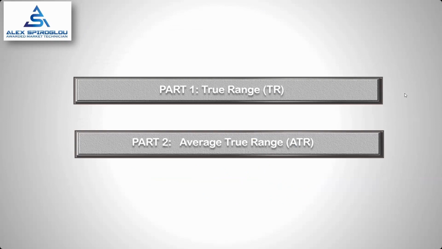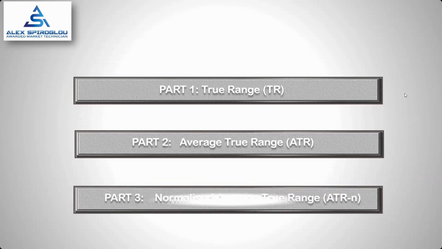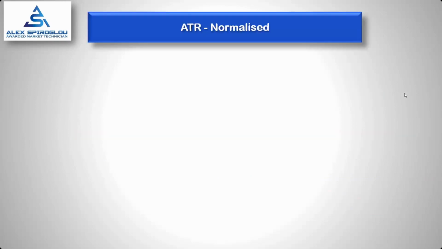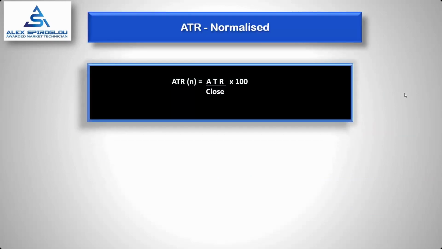So this brings me to the next point, which is how to do normalized average true range, to normalize it across markets. So how do we do that? This is the formula: we take the average true range divided by the close, in order to show the absolute fluctuation as a percentage of the price.